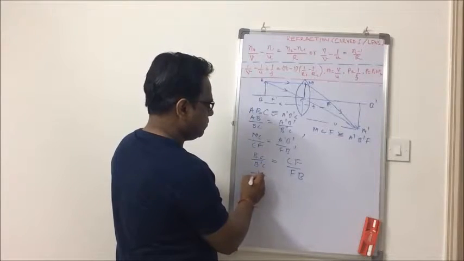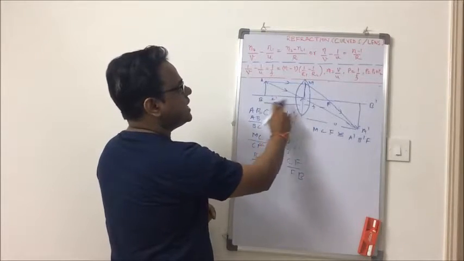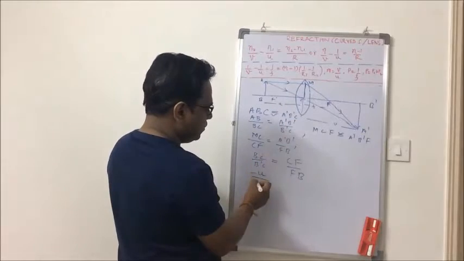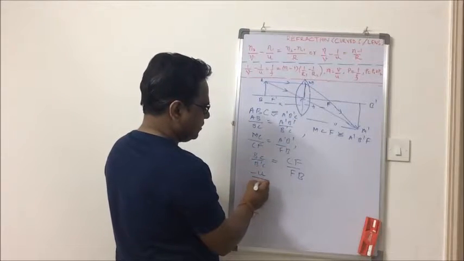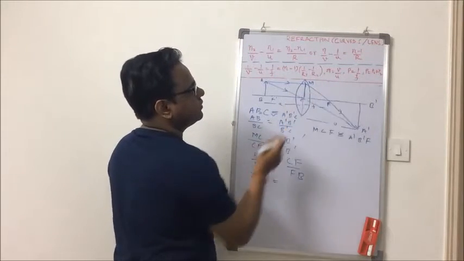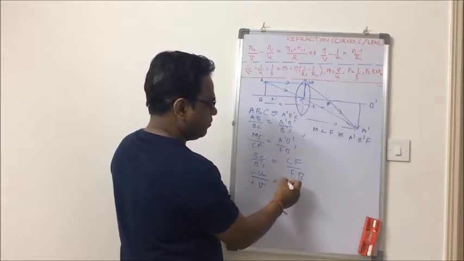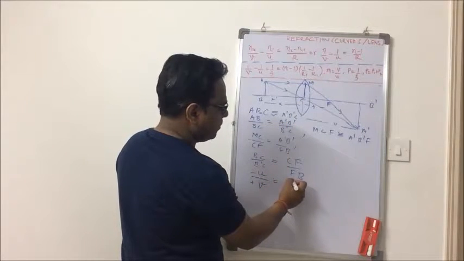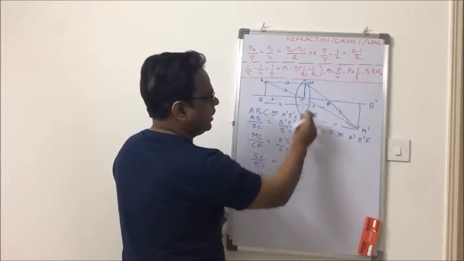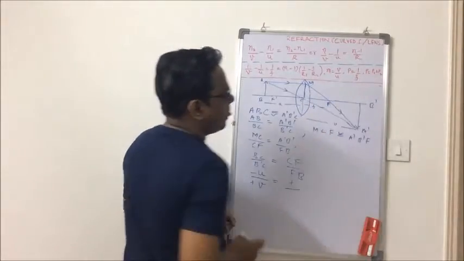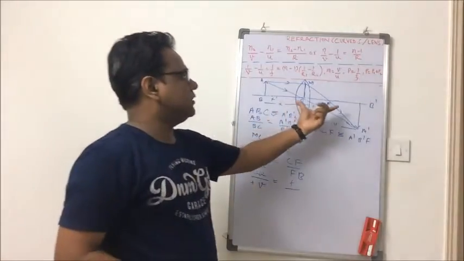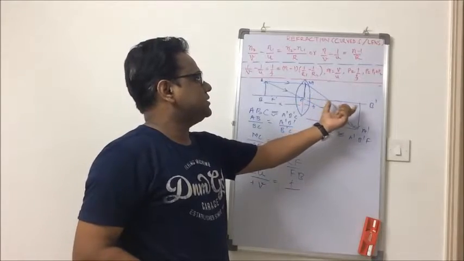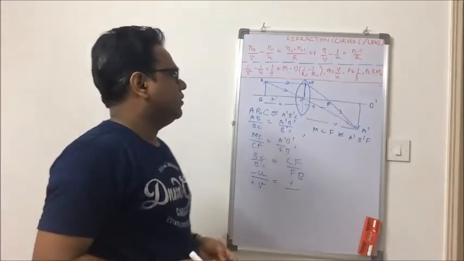It is minus U. And B dash C would be V with positive sign, equal to CF. CF is nothing but focal length, but it would be positive, so F. And last is FB dash, so FB dash is V minus F, right?